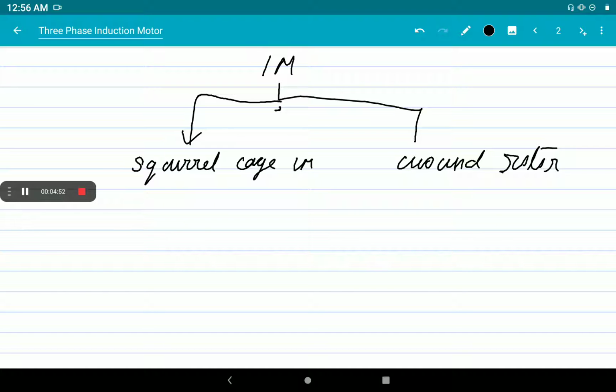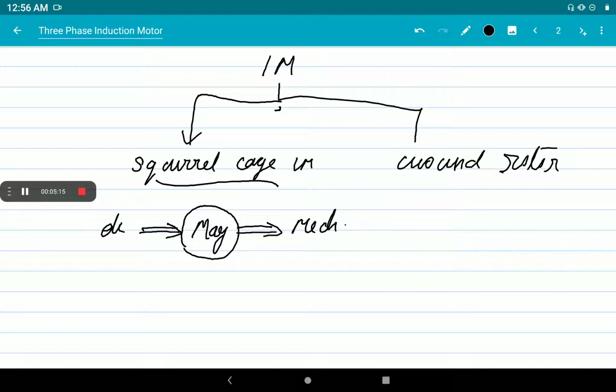In the squirrel cage induction motor, electrical energy is converted through a magnetic domain to the mechanical domain. Squirrel cage induction motor, as the name itself suggests, has a short-circuited rotor.